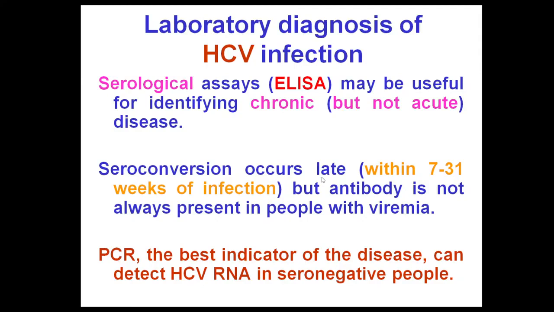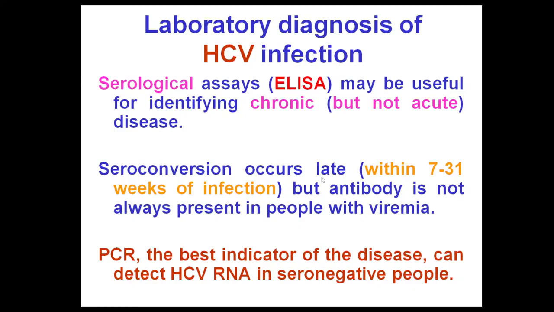Antibodies may also not be present in people in whom viremia can be seen. So that's why the most accurate, specific, and reliable test for hepatitis C infection is the polymerase chain reaction.